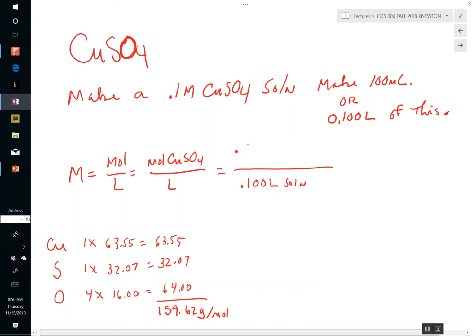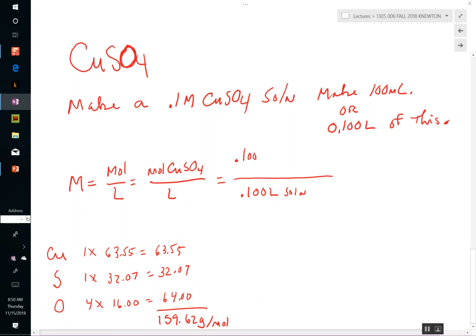So what do you have to put in the flask? A tenth of a mole, right? So we need a tenth of a mole of copper sulfate in the flask. So what is a tenth of a mole? It's 159.62 grams per mole.